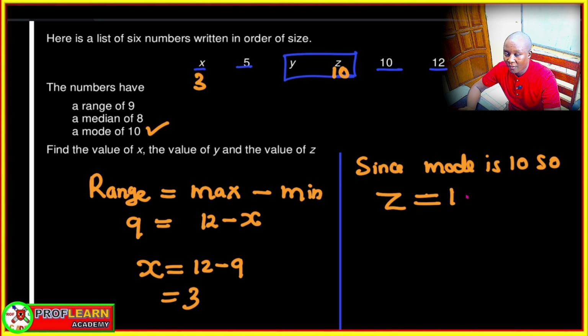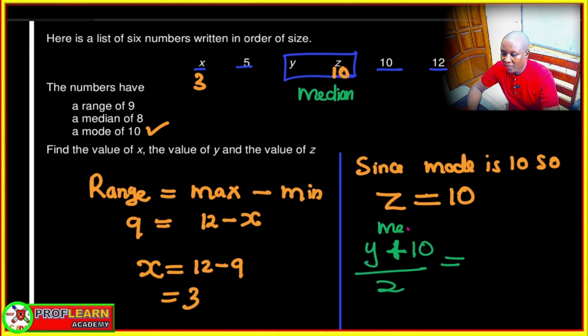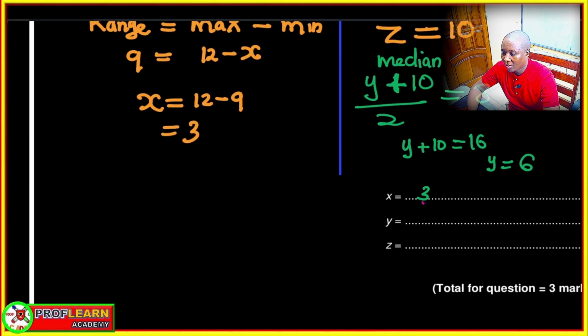So that we have 2 10s here. Then for us to find the value of y, y plus 10 over 2 should give us the median, which was 8. So if you work it out, you're going to get your answer. So if you write all the values we were missing there, that's it.